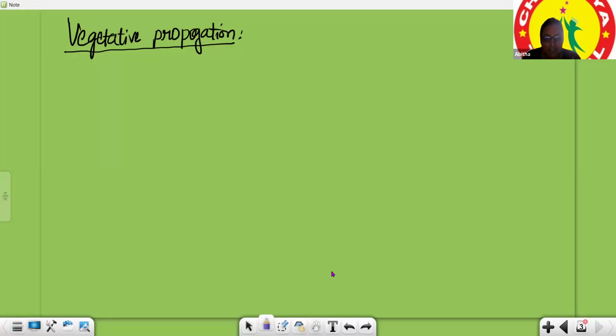So seed, flower, whatever, because of the seed the plant grows, that doesn't come under vegetative propagation. Only the plant parts like roots, leaves, stem. If these are involved in generation of a new individual, a new plant, such type of propagation is called vegetative propagation. Okay, understand what is vegetative propagation?